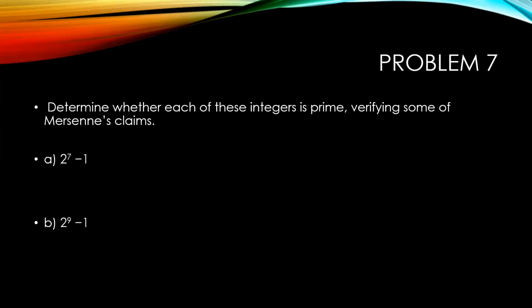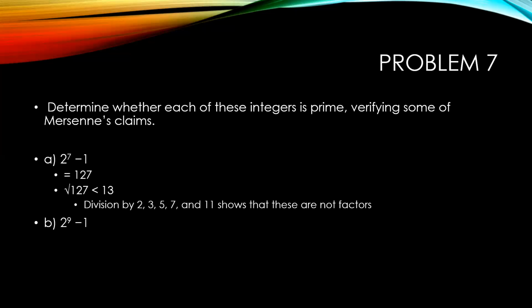Okay, so 2 raised to 7 minus 1. The result is 127. Is it a prime number? Yes. When we divide by 2, 3, 5, 7, 11, none is a factor of 127. Therefore, this is a Mersenne prime number.